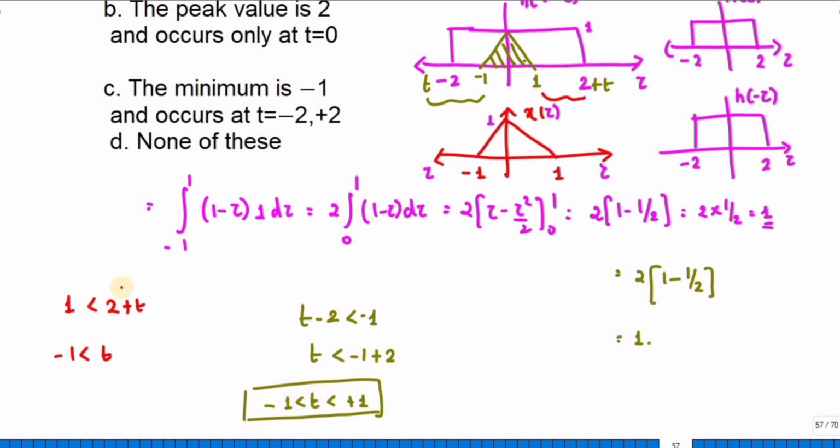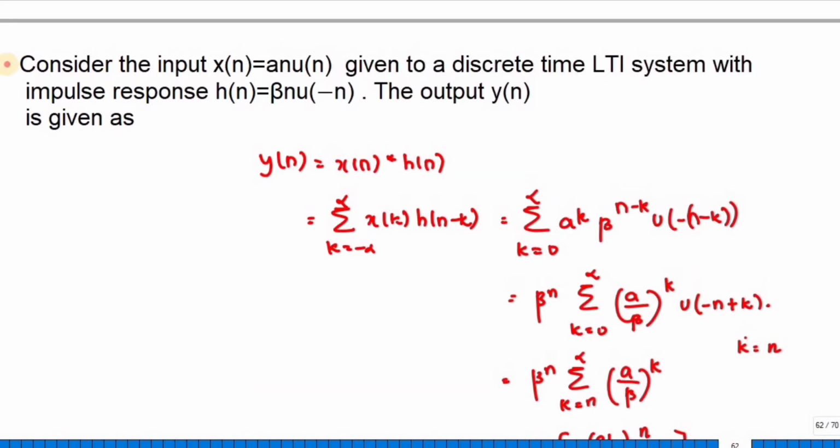Consider the second problem. The input is x(n) = a^n u(n). Since it is an increasing function, it will be like this, starting from 0 and going to infinity.